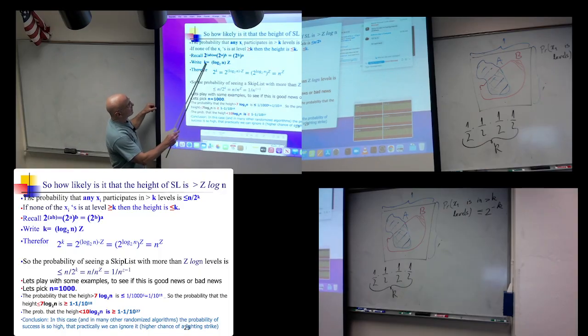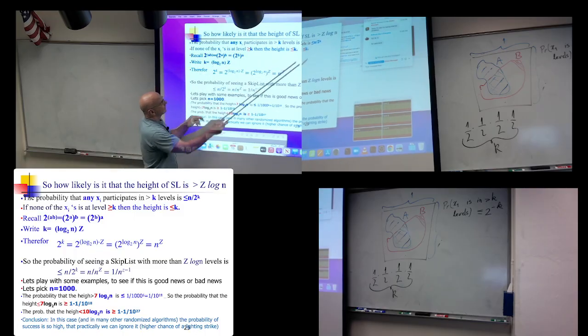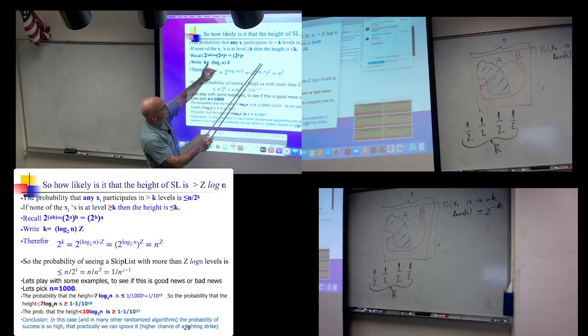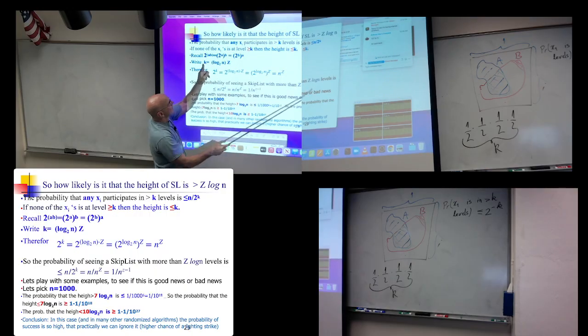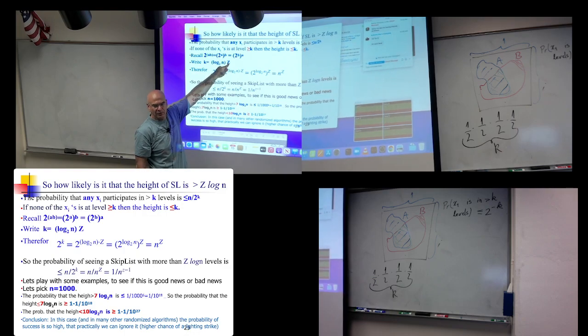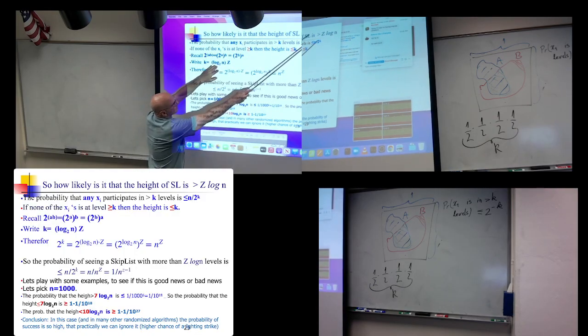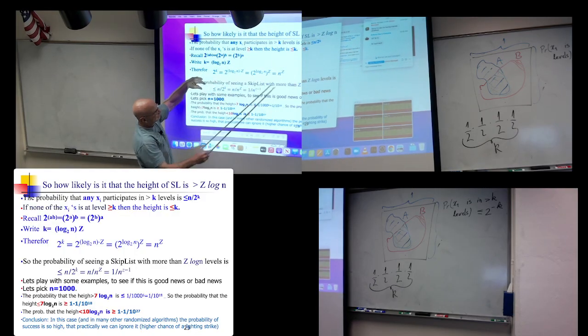So I'll take this k and ask, what is the probability that the SkipList is more than n times... And k I'll just write as log n times z. Z I didn't decide yet. It will be 3, 4, 7, 5, 10 at most. So let's write here n over 2 to the k.